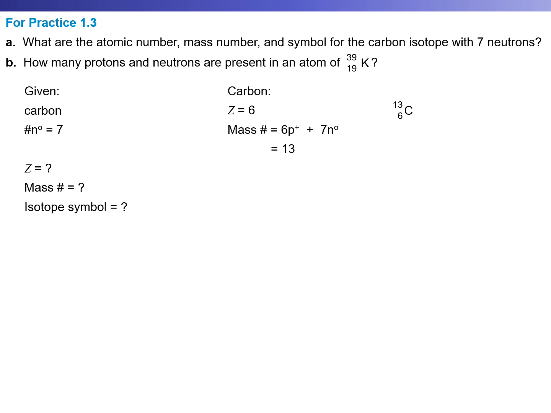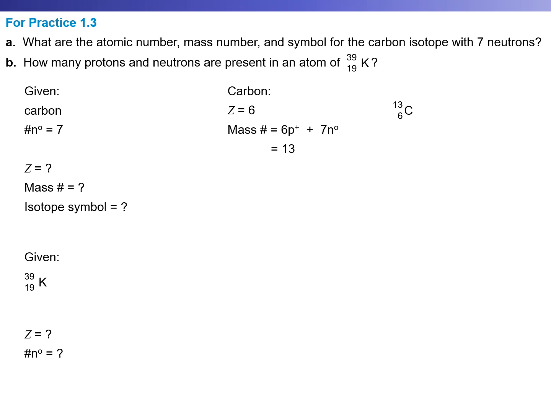Now, the second part of this is going to ask us to figure out the number of protons and then the number of neutrons based upon a given mass number. What we're given is this information about potassium. So we're dealing with an isotope of potassium, and what we need to figure out is the number of protons, which is the atomic number, and the number of neutrons.